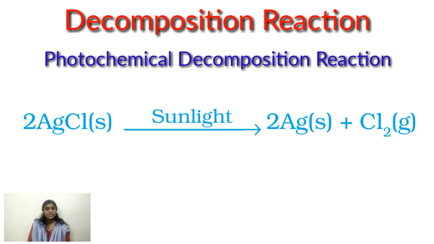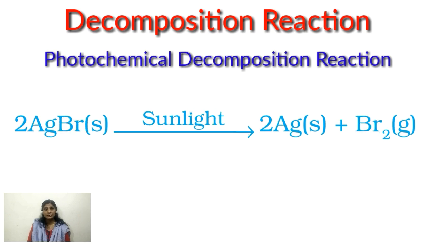Here the observations: white color of silver chloride is changed to grayish white color of silver. That is the first one. Second one, you can see yellowish green color of chlorine gas also.